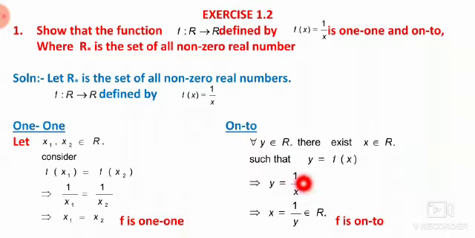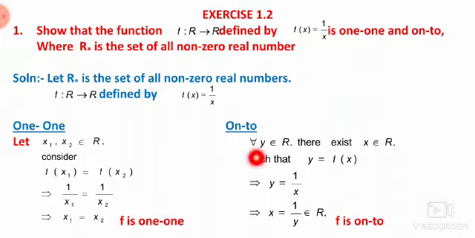For any value of y, there is a value of x which belongs to the domain R star. That's why we have written that it belongs to R star. Therefore, in such a case, f is onto. Let me take one example over here.